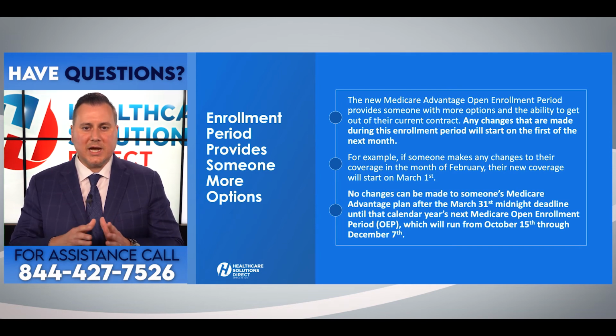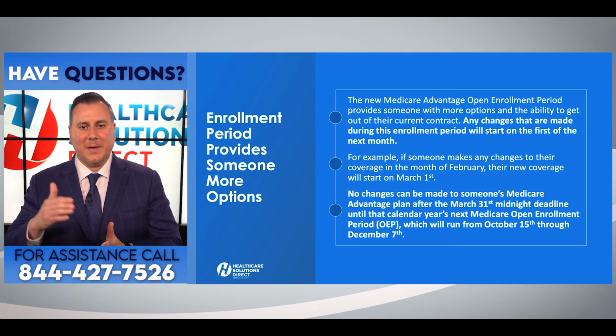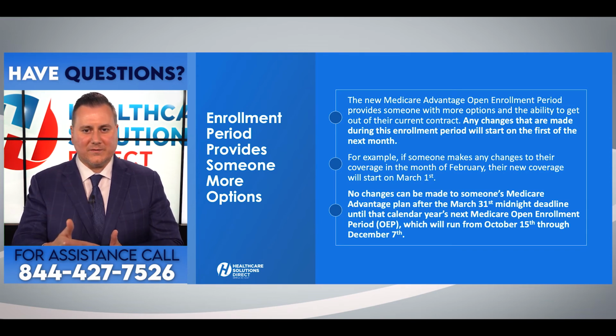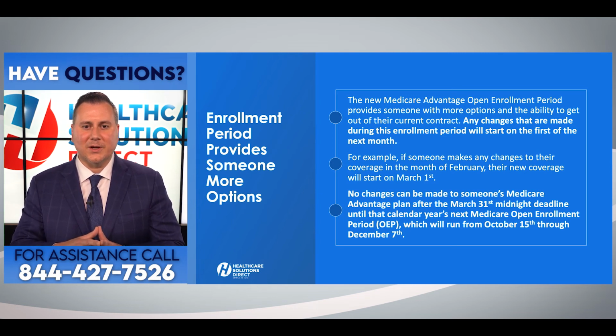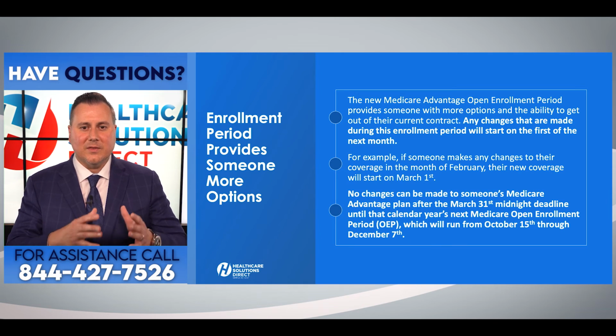No changes can be made to someone's Medicare Advantage plan after that March 31st midnight deadline until that calendar year's next Medicare Open Enrollment Period, OEP, which will run from October 15th through December 7th of every single calendar year. So now you should have a better understanding of exactly the Medicare Advantage Open Enrollment Period.